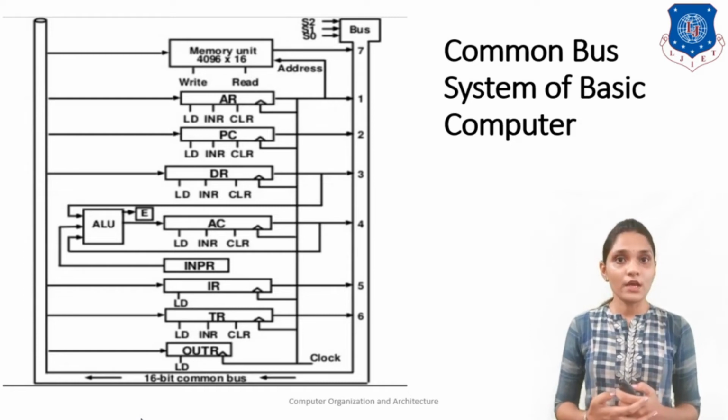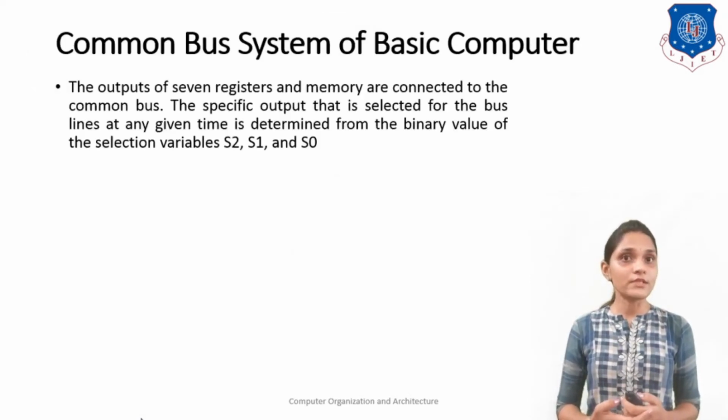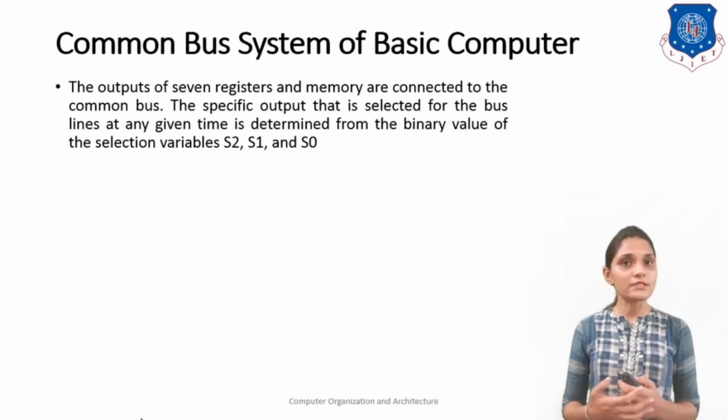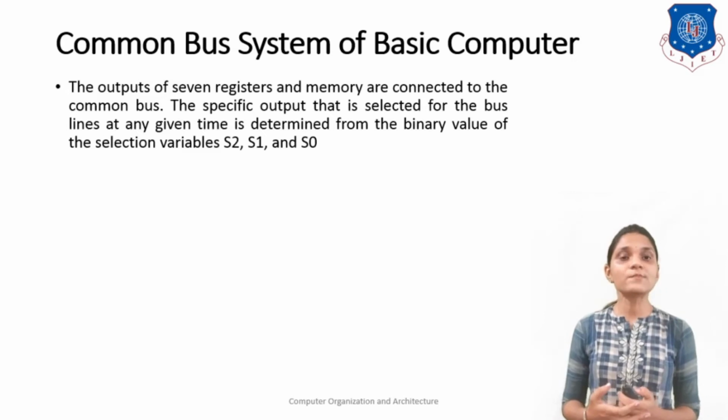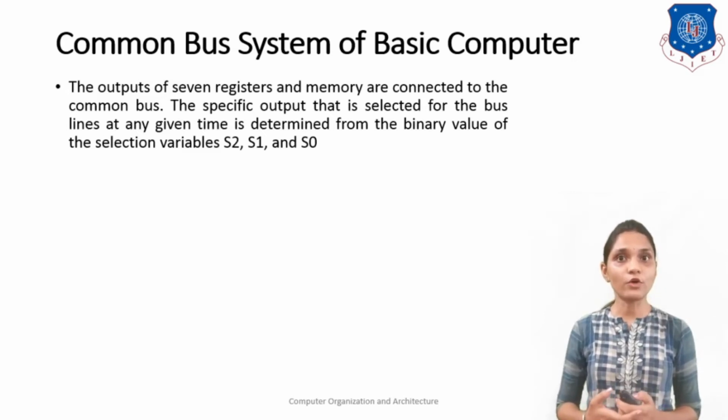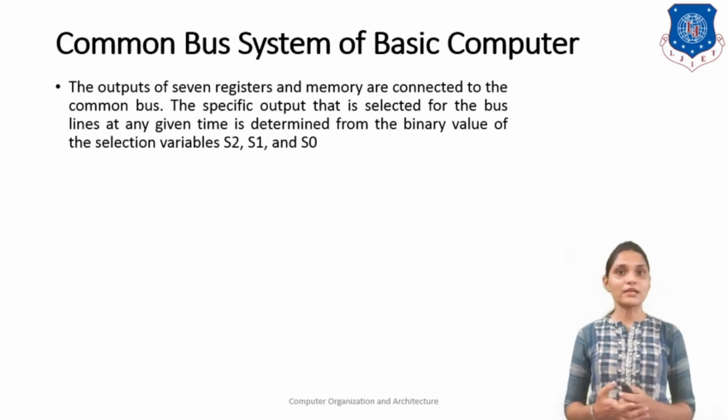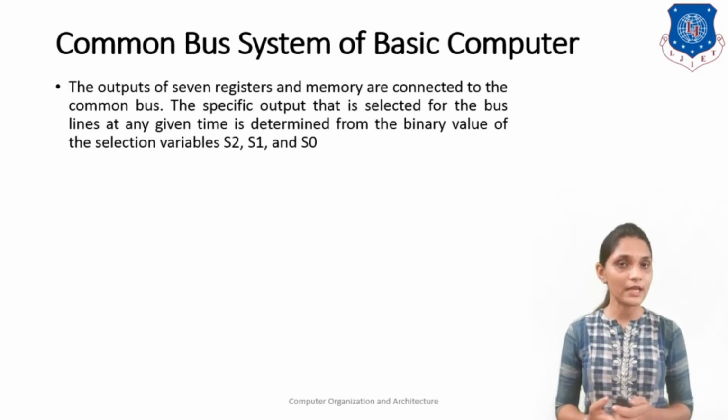Here we have used INPR and OUTR to communicate with input and output. Now let me see. The outputs of these 7 registers and memory are connected to the common bus. The specific output that is selected for the bus line at any time is determined from the binary value of the selection variables S2, S1, S0.